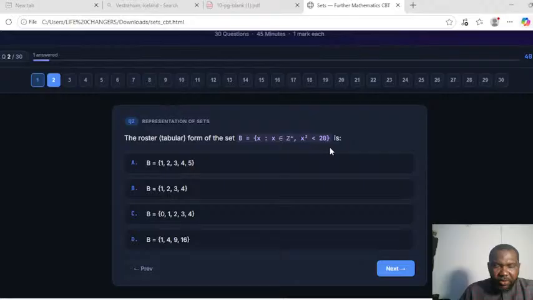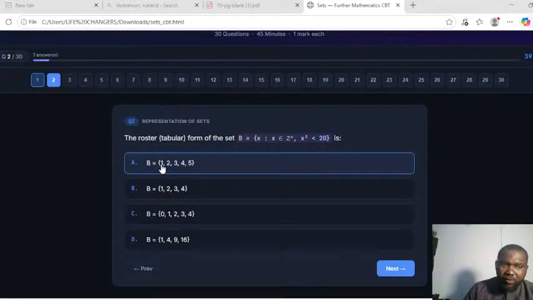But for this one, the roster or tabular form of the set B equal to this, this statement means X is an integer, positive integer. Z plus means positive integer. I already explained to you guys what an integer is. Then here, X squared is less than 20. So the square of X must be less than 20 for any integer.